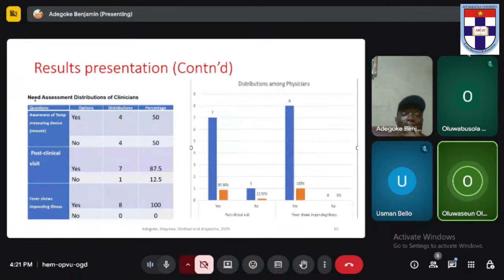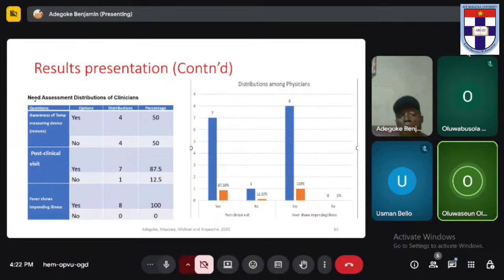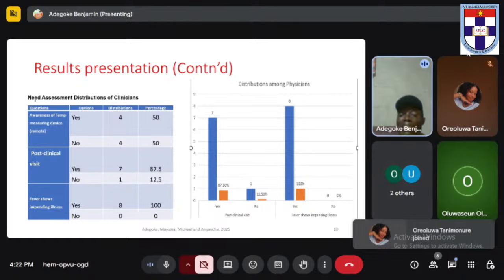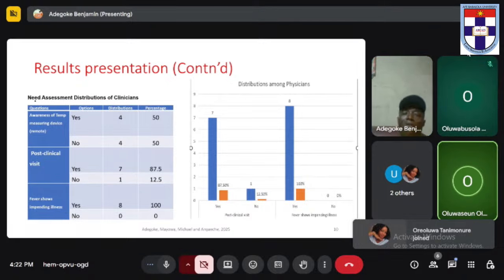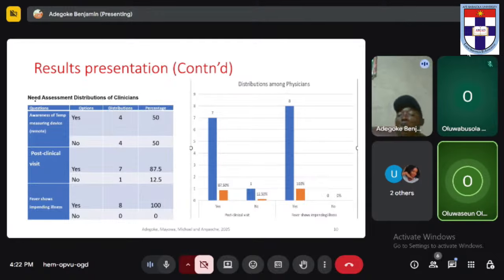Now, for the needs assessment from the questionnaire administered, we discovered that only 50% of the clinicians are aware that it's possible to administer healthcare services online with the present industrial revolution.